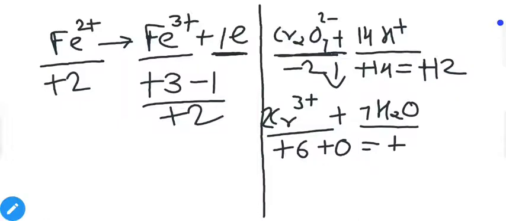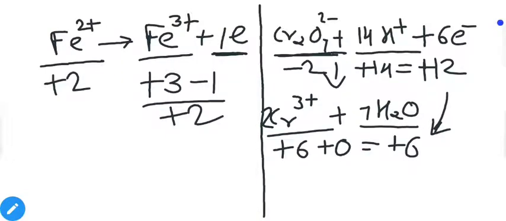So total charge is +6. So now we have to add electrons on the reactant side because it is a reduction reaction, which means it consumes electrons. To equalize the charge, we have to make +12 into +6. That's why we have to add 6 electrons. So now on the basis of charges, our reactions are neutral.